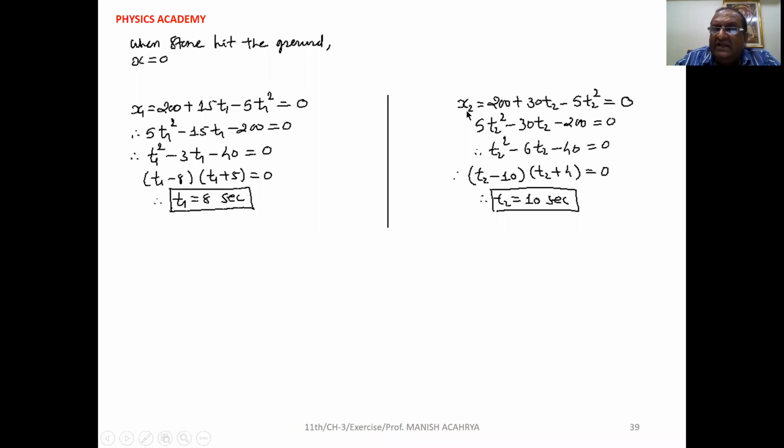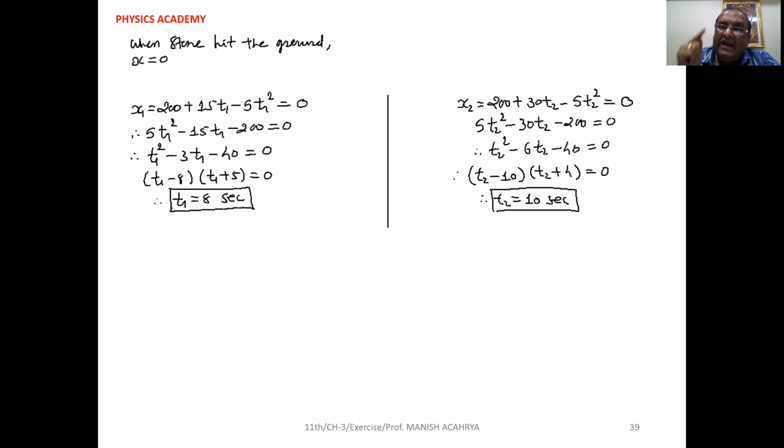For that, we have the equation x2 equal to 200 plus 30t minus 5t square. In this equation, the position of the second stone depends on t square. So for this quadratic equation, if you draw the graph of position versus time, it will be parabolic. Therefore, it is curved.